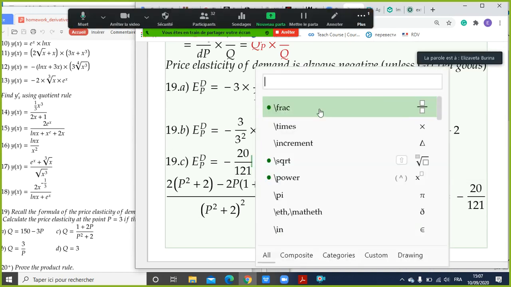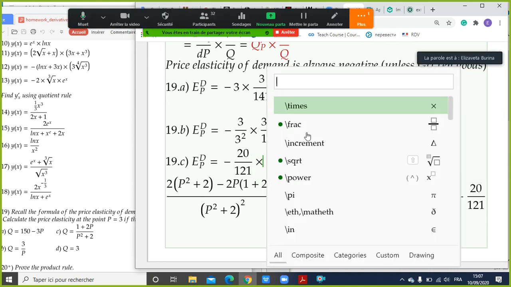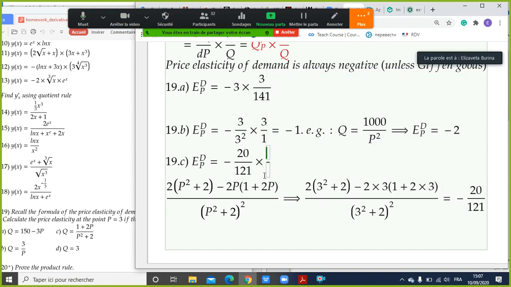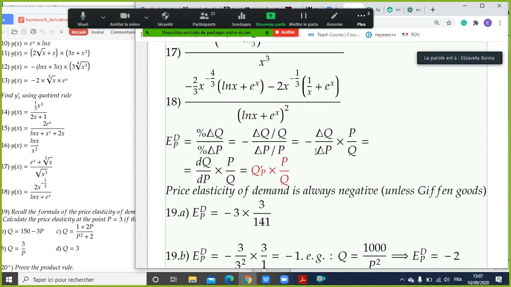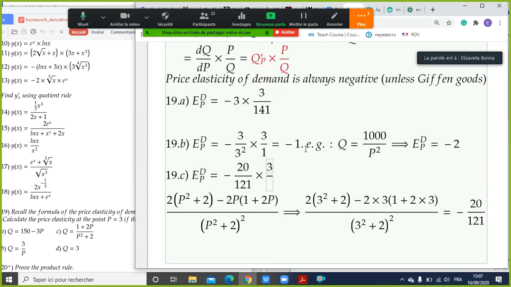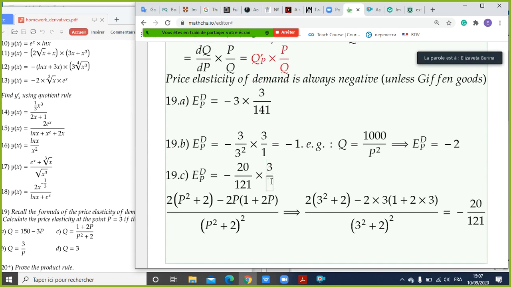The way we write it is, wait, don't type anything yet. So we're supposed to type price over quantity. So price is 3. Then the quantity that we calculate here will be 7 over 11, right?